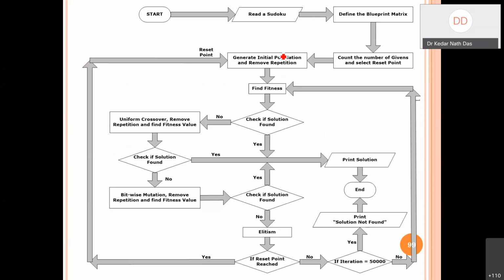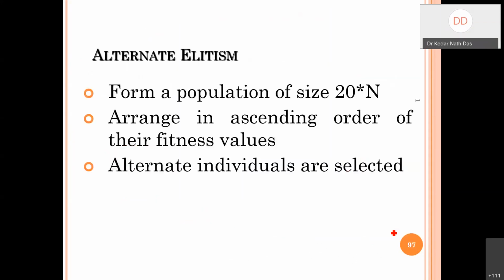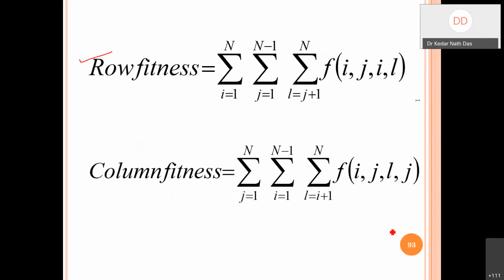So this is the whole idea of the algorithm, the flow chart of the algorithm. How we have moved everywhere. We have to check whether the solution is found or not. The solution found means we have to check whether 972 is achieved or not. Once it is achieved, it will direct towards the stopping criteria to stop there. So it is called retrievable genetic algorithm based on this actually.